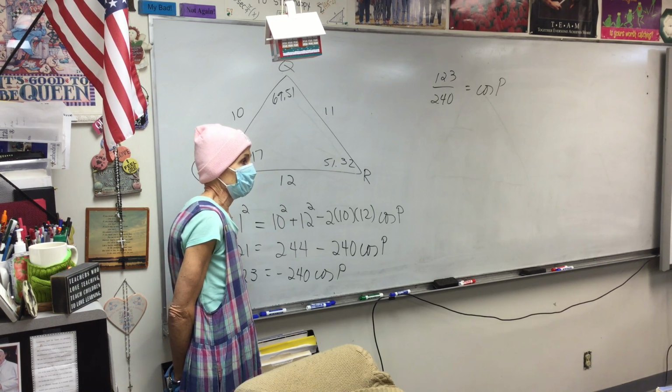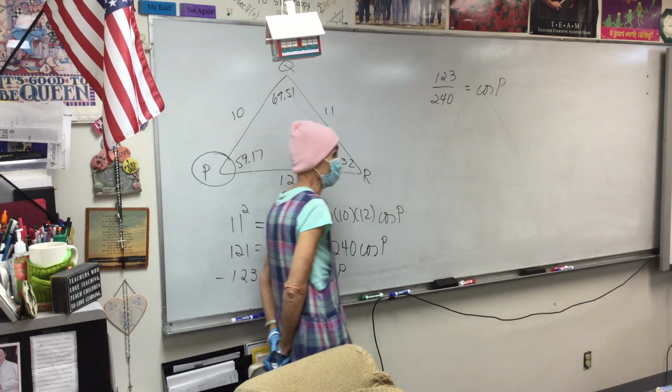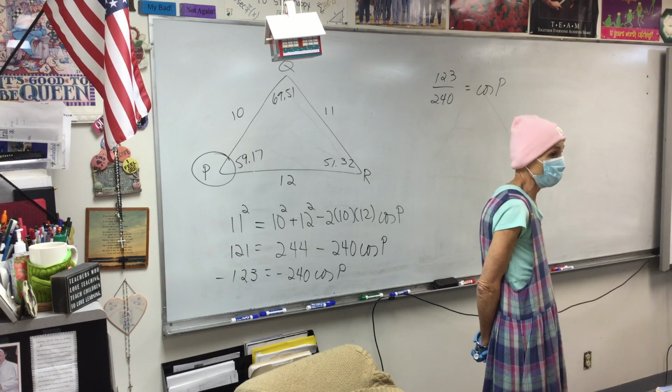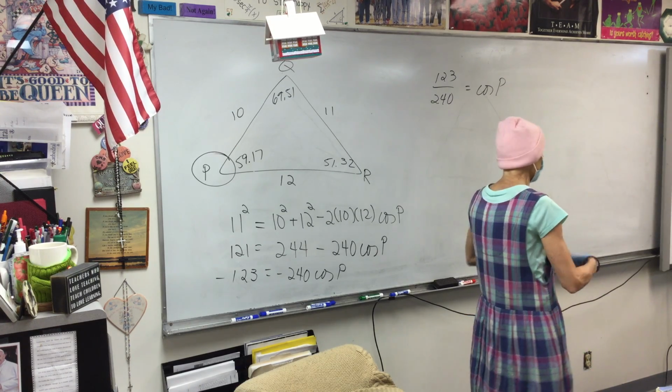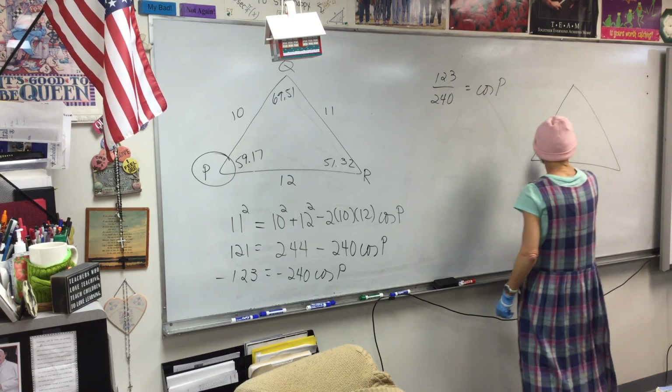Okay. All right, we're going to practice one more problem because on Monday when you come in, I'm going to give you a triangle and I'm going to say solve it, okay? So let's pretend that this is your quiz.